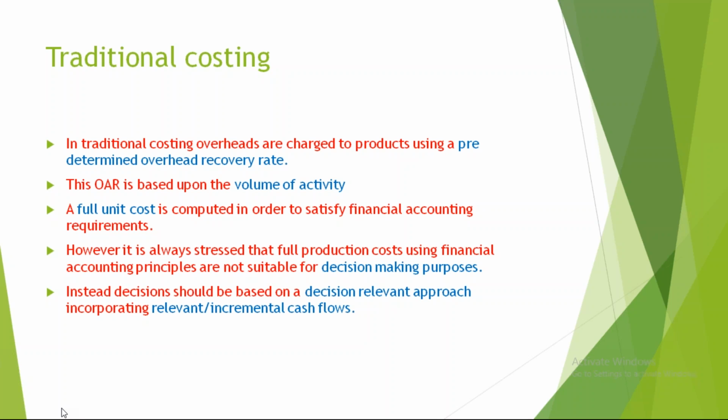So during bad times, particularly during competitive times, whether I sell or not, I have the overhead. So you look at the relevant incremental cost. If I do an extra order for Matthew, how much additional cost will there be? Surely I have to buy materials, labor, and incur some variable overheads, but my fixed overheads will remain whether I do the order for Matthew or not.